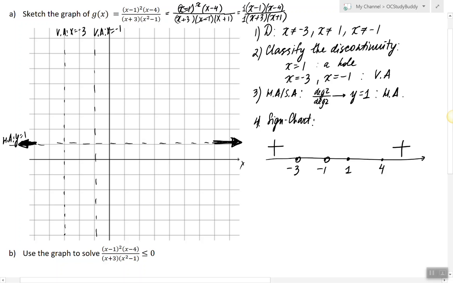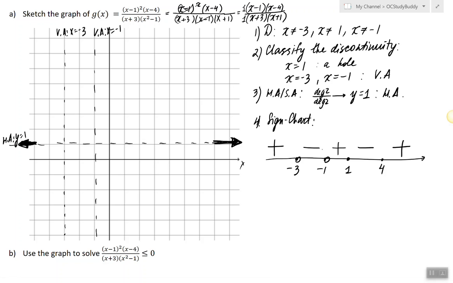And now, since there are no exclamation marks at any of the zeros, that means the function changes sign as it's going through each of those points. So on this interval it will be negative, then positive, then negative, and then positive again. So this is the sign chart.